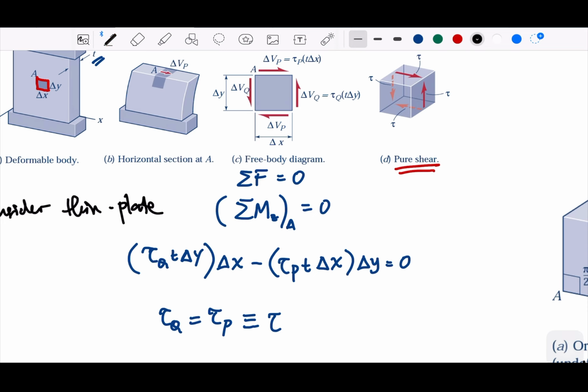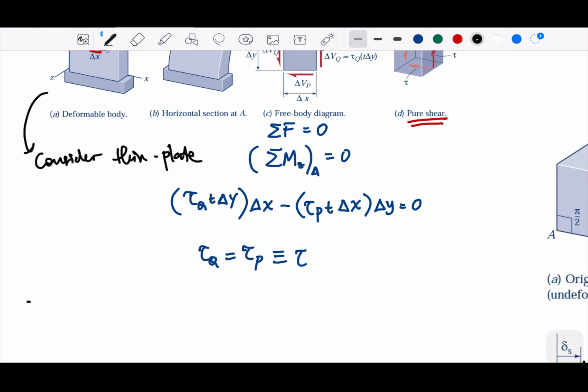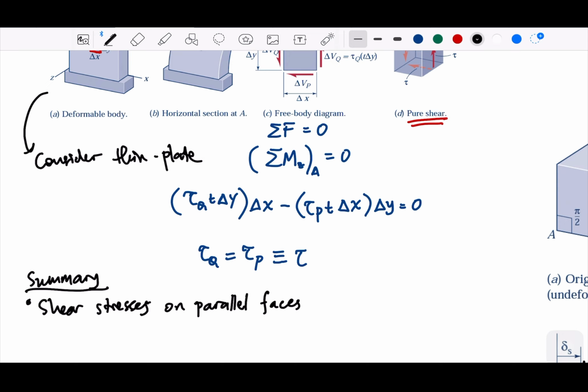Okay, let me just emphasize what we did here. For a quick summary, shear stress on parallel faces are equal in magnitude and opposite in sense.